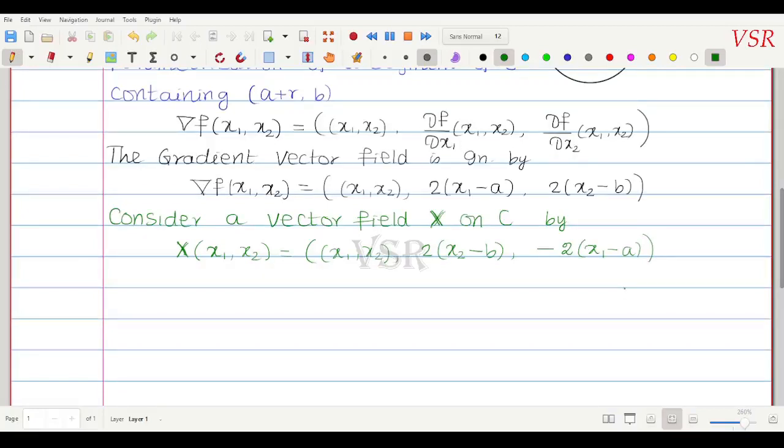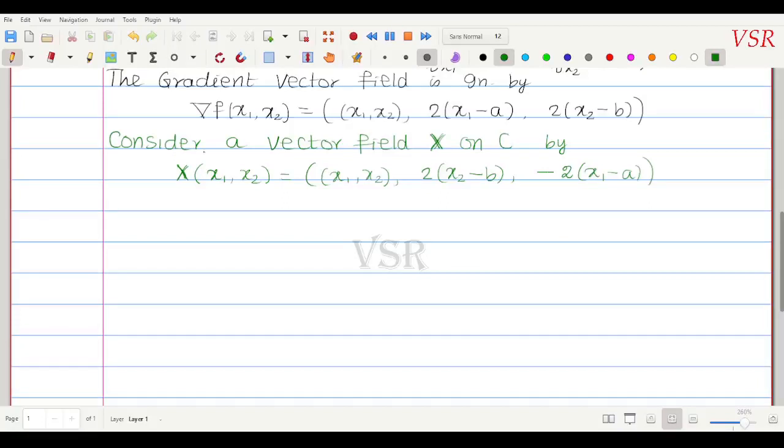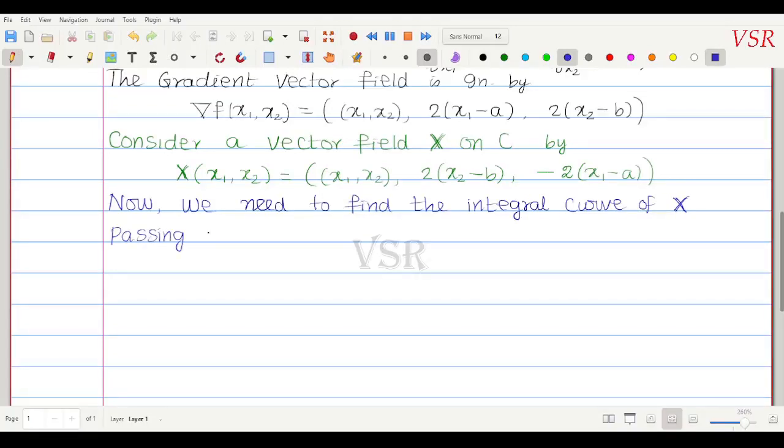Okay, that's all. Now we want to find the integral. Now our aim is to find the integral curve of capital X, a curve passing through the point a plus r comma b.